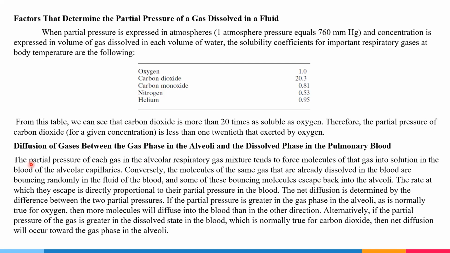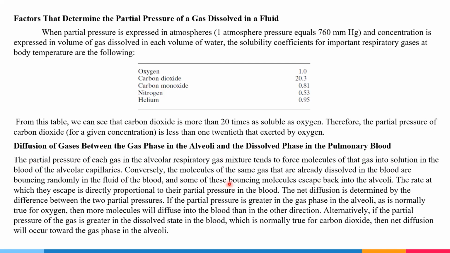Next, we look into diffusion of gases between the gas phase in the alveoli and the dissolved phase in the pulmonary blood. The partial pressure of each gas in the alveolar respiratory gas mixture tends to force molecules of that gas into a solution in the blood of the alveolar capillaries.